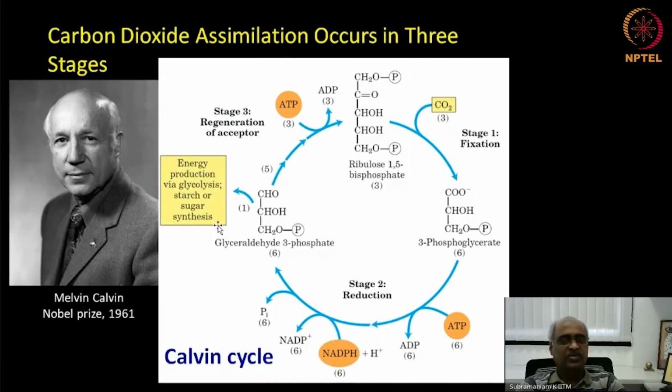And that 1 is going to now form hexose and go into making starch and sugar, etc. So we have the fixation step, reduction step, and regeneration of the acceptor step. That regeneration step requires energy in the form of ATP. So I'll stop here. In tomorrow's class, we will focus on the fixation reaction, how ribulose 1,5-bisphosphate is converted into 3-phosphoglycerate.